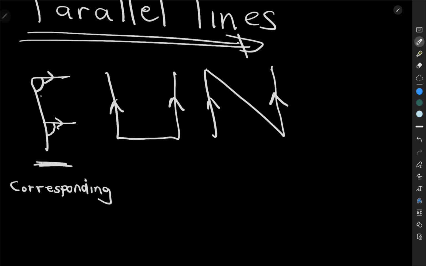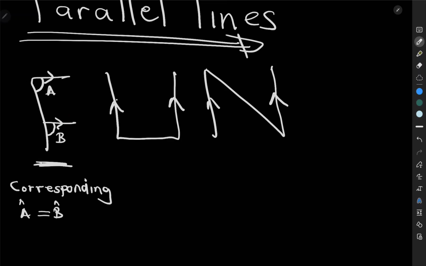So this angle, if I label it angle A, and this angle B, angle A and angle B are equal, and the reason is because they are corresponding. We can only assume that if those two lines are parallel. If they're not parallel, then those angles are not corresponding. And vice versa, if we have two corresponding angles A and B, then we can assume that those two lines are parallel.